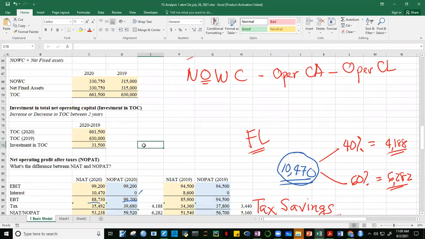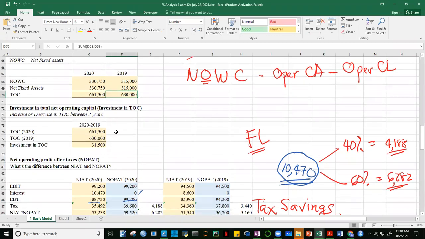So this is the operating capital provided to management. Ito yung capital na provide ng mga shareholders at saka ng mga investors or creditors to management. So that's total operating capital, 661 by the end of the year, and at the beginning of the year, 630.